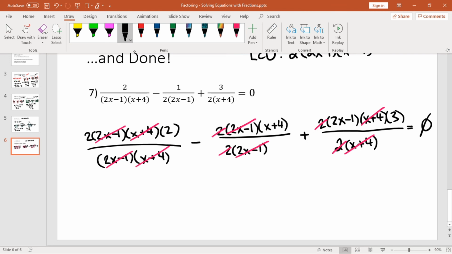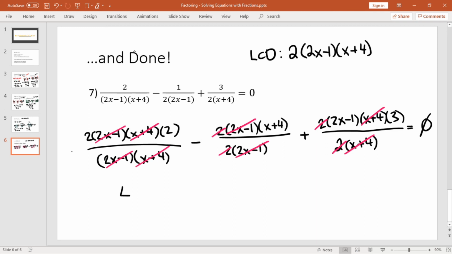All right, what do we have left in the first one? 2 times 2, just 4. On the second one, we have that x plus 4. It's a subtraction, so it's minus x minus 4. And on our third one, we just have, distribute the 3. 6x minus 3, I almost didn't see that.